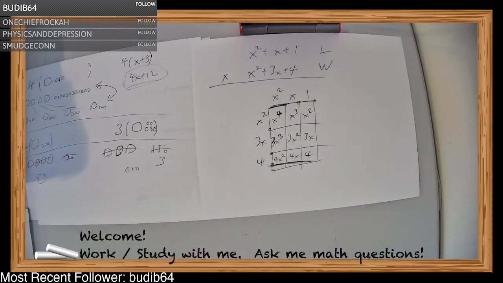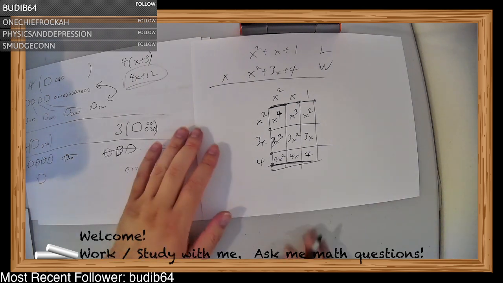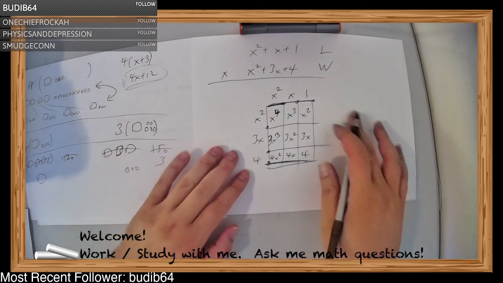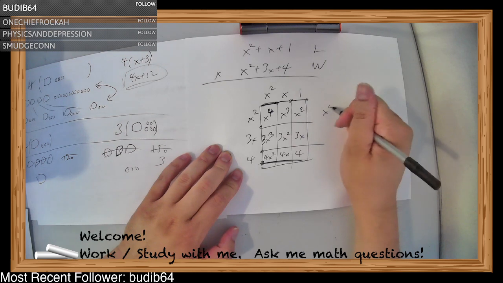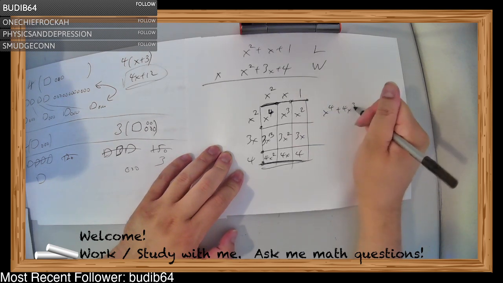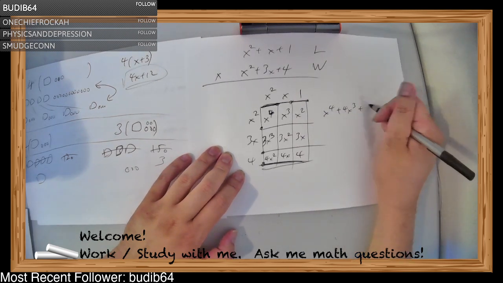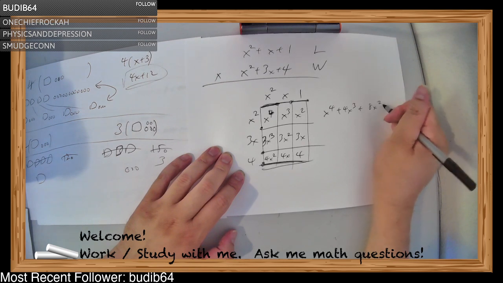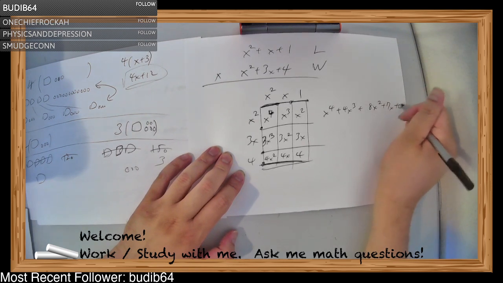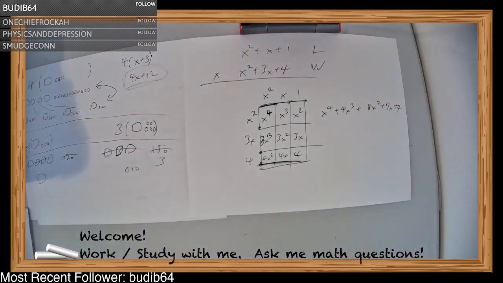And then you just add up all the little areas and combine like terms. So that should be fine. X to the fourth plus 4x cubed plus 8x squared plus 7x plus 4. Hopefully I didn't get that wrong. Let's see. 7 is right. Okay. 4 is correct. 4, 3, 1. Yeah, 8. Okay, cool.